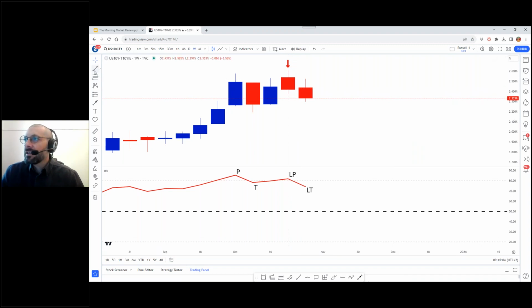And then it looks as if it's going to close below the reference candle. Okay, it looks like it's going to close below that reference candle's low, I beg your pardon.